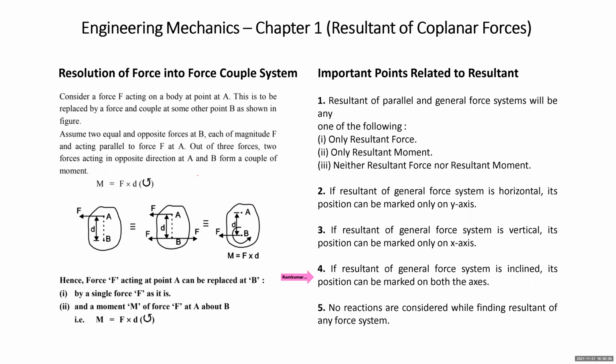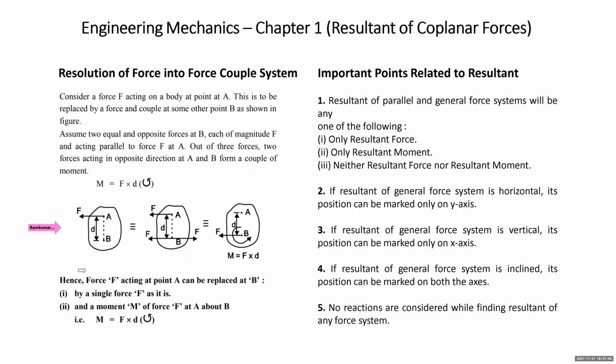Next article, resolution of a force into a force couple system. We will be having problems on this concept also. Now, first we will understand. You directly look at this diagram.